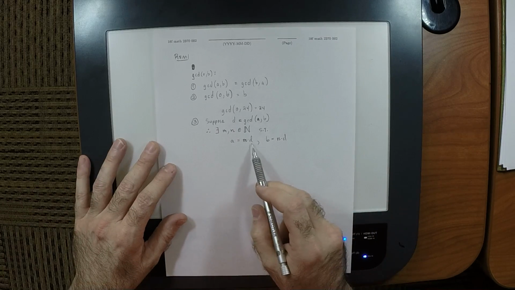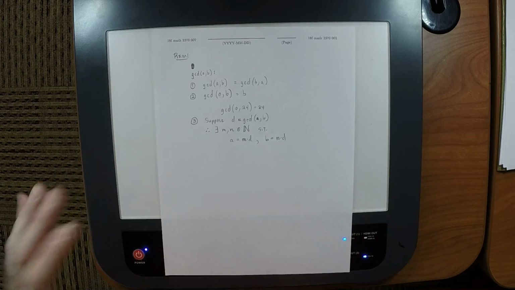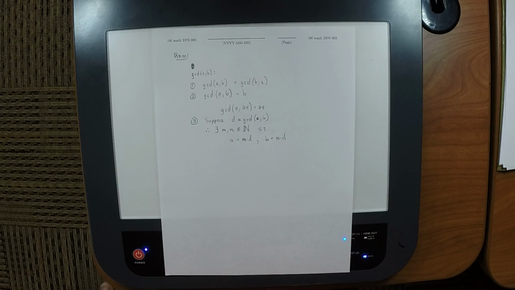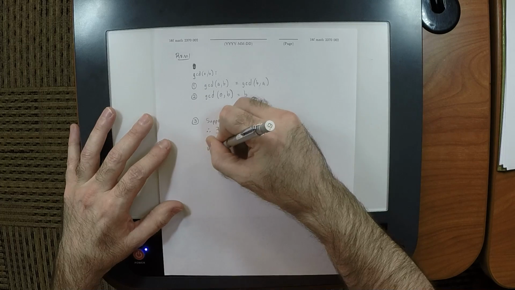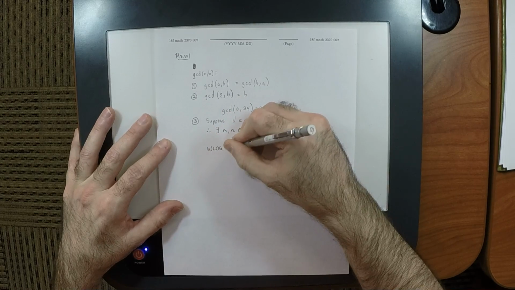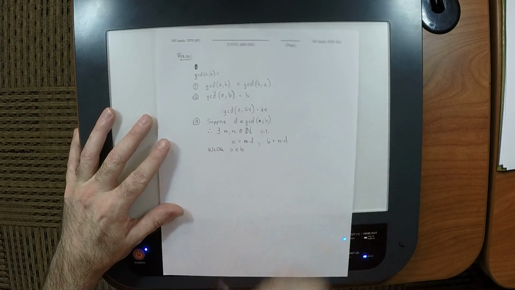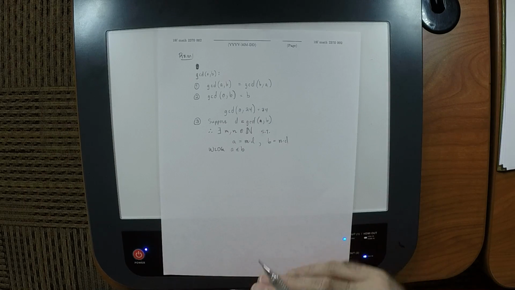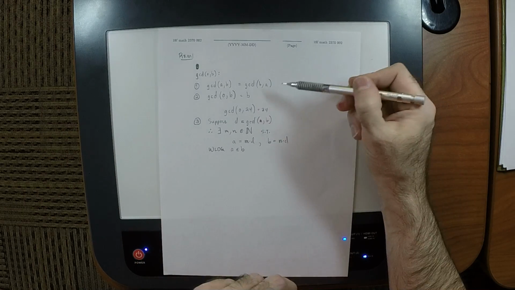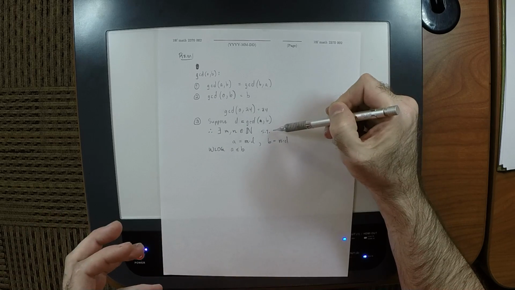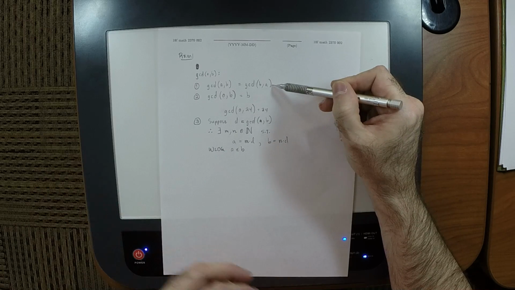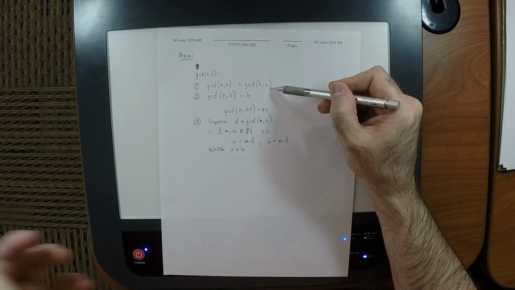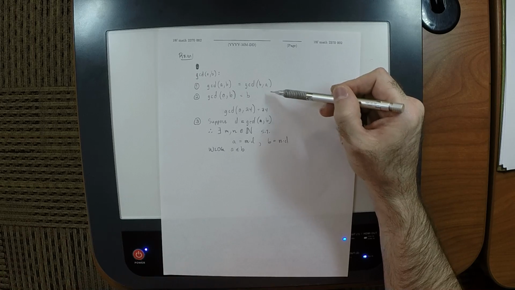So A can be divided properly by D, and B can be divided properly by D. And so I'll say, without loss of generality, that A is less than or equal to B. So what I mean is that in the linear order, A is the little one and B is the big one. I can say without loss of generality because even if that wasn't true, I could just swap them, and then it would be true.